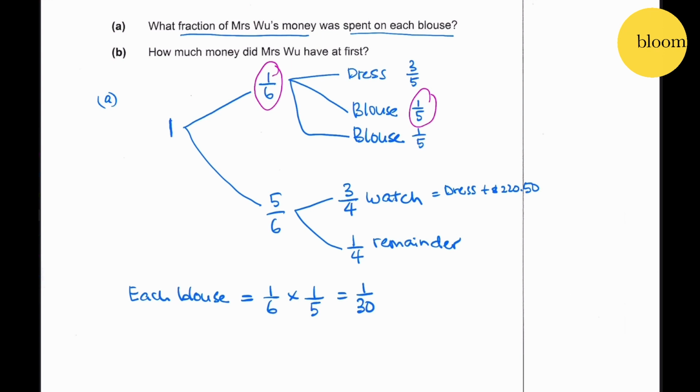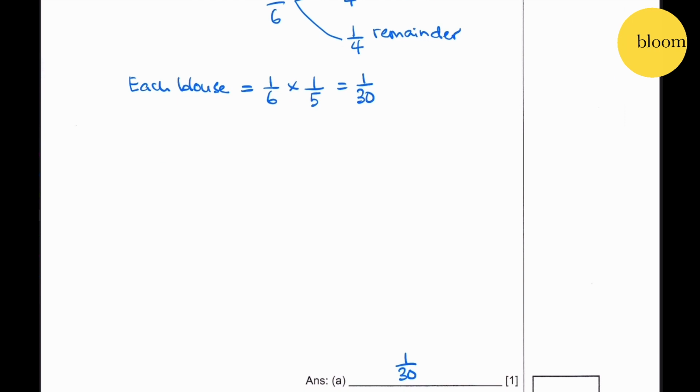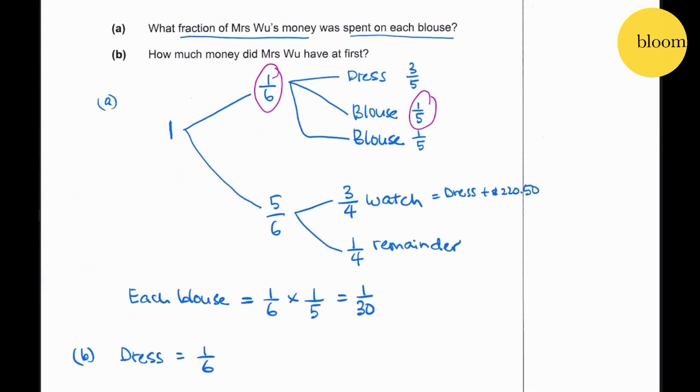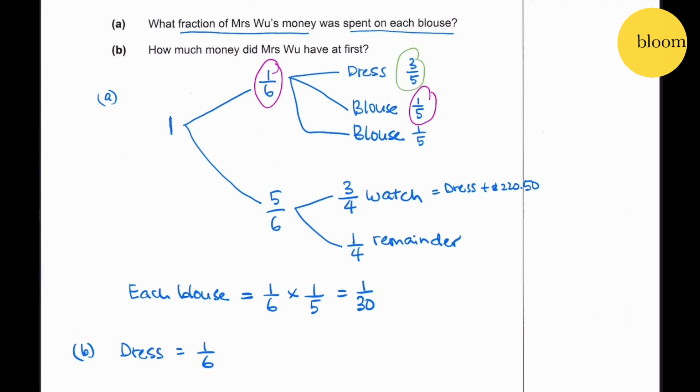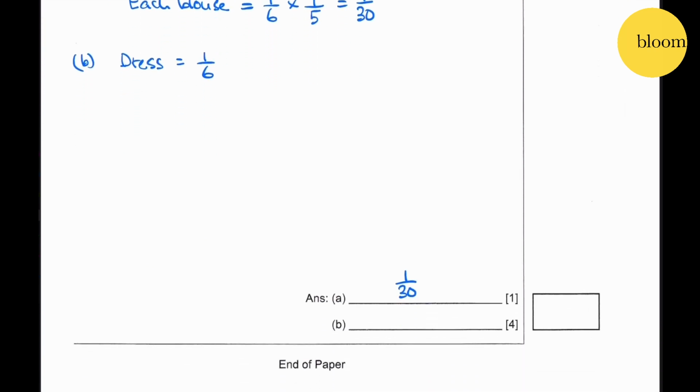B. How much money did Mrs. Wu have at first? We know dress equals 1/6 multiplied by 3/5, which gives you 3/30, which is the same as 1/10 of her original amount.